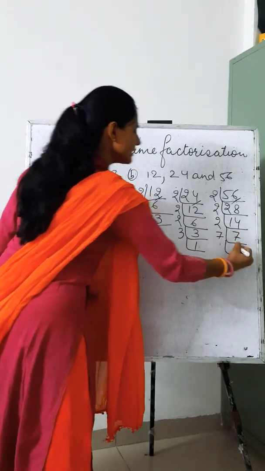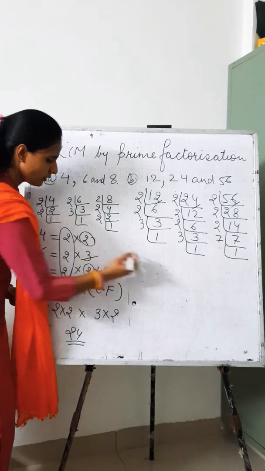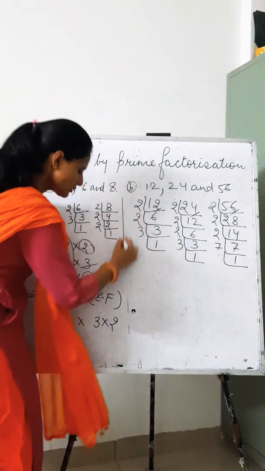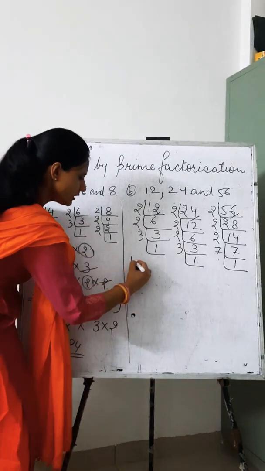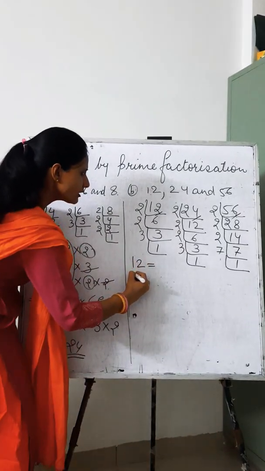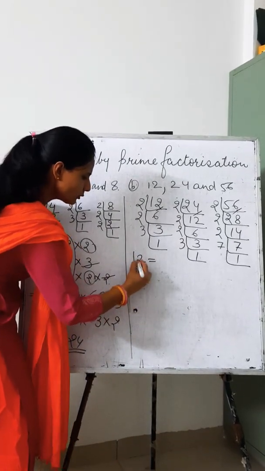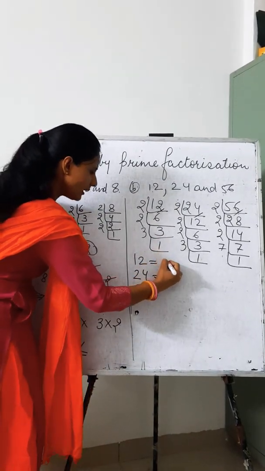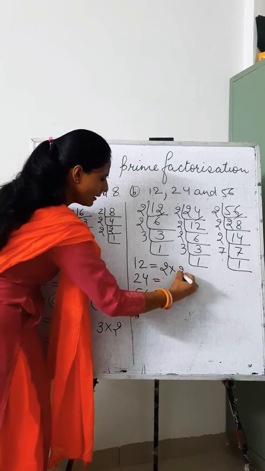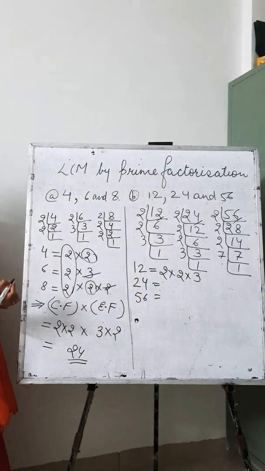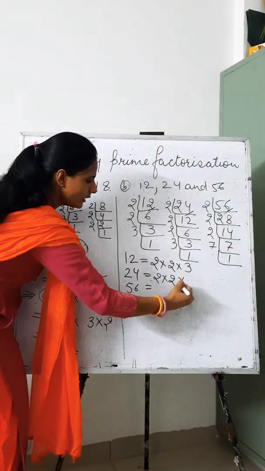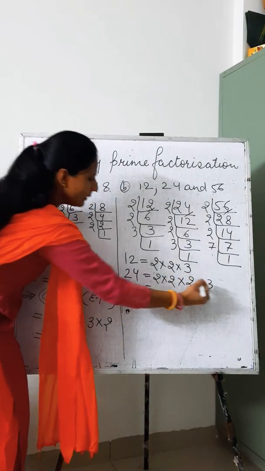Now what I have taught you is that first of all you have to write down factors of the given numbers. So here I need to write all the factors of 12, 24 and 56. Write down the factors of 12. Here it is 2 multiplied by 2 multiplied by 3, and in 24 it is 2 multiplied by 2 multiplied by 2 multiplied by 3.